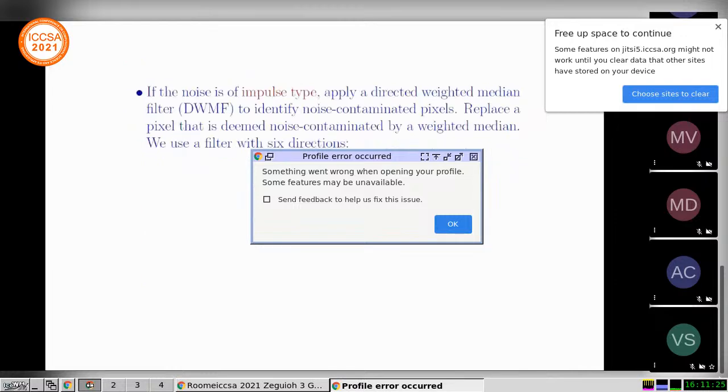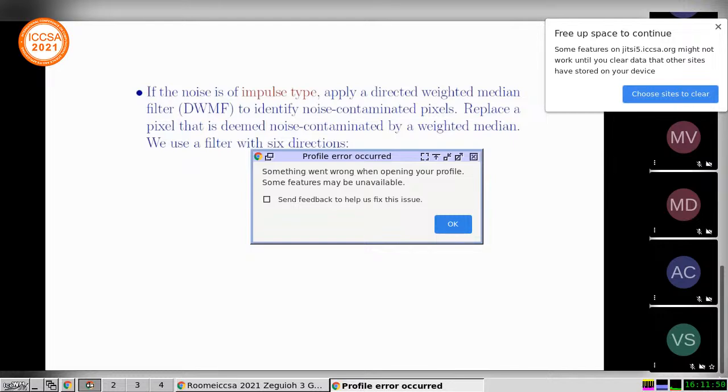Next, please. If we have impulse type noise, it is a little bit more complicated because we don't know what the value of the noise is. There we use a directed weighted median filter. So here are the 6 directions marked on this pixel.